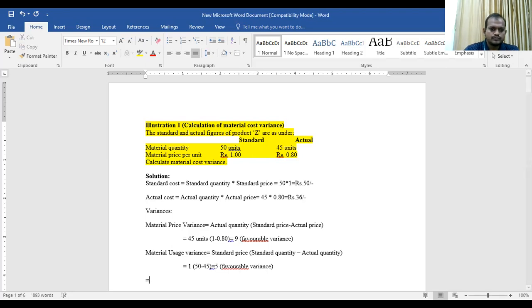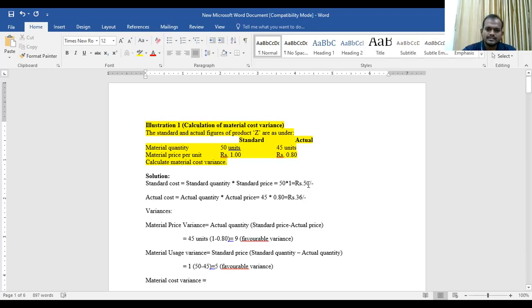So as per the diagram, material cost variance is nothing but the difference between standard cost and actual cost.